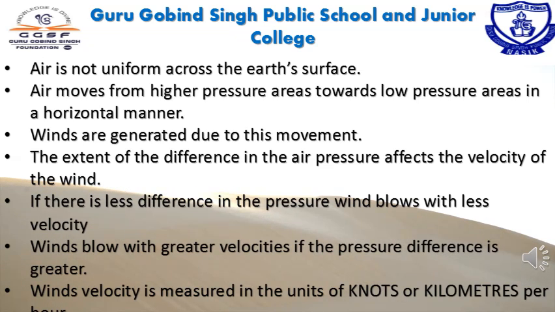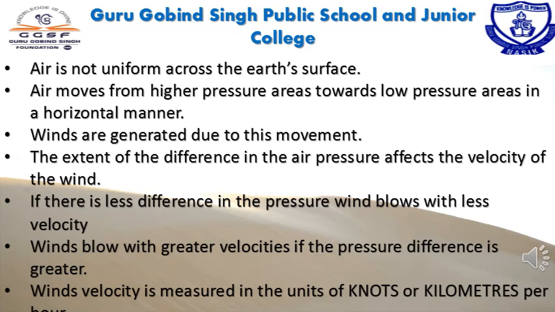So dear children, air is not uniform across the earth's surface. Air moves from higher pressure areas towards the low pressure areas in a horizontal manner. Winds are generated due to these movements. Dear children, the extent of the differences in the air pressure affects the velocity of the wind.